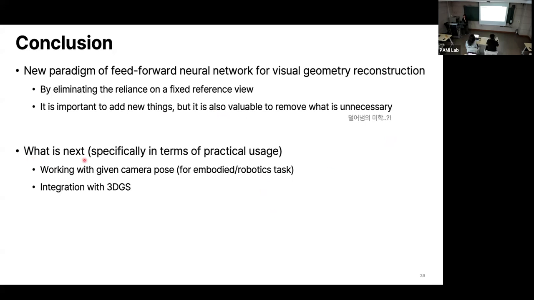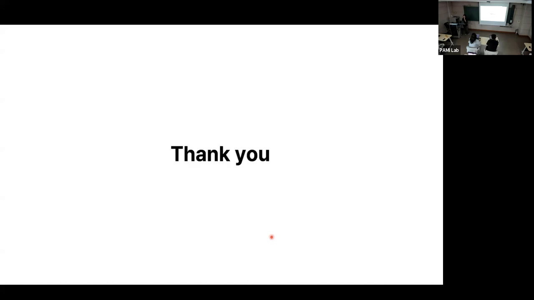From my aspect, I specifically want to improve this part because I want to use this in my project, but it is hard because it is an uncalibrated setting. For embodied or robotics tasks, we need to work with exact given camera poses. And it is also valuable to integrate with 3D tasks, because it is also valuable for the view synthesis task. That is all of my presentation, and are there any questions?